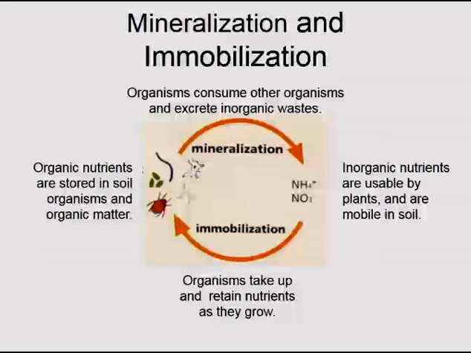On the opposite hand, for a plant, immobilization is bad. That means that the organisms have taken these inorganic nutrients that the plant uses and consumed them into their bodies. So those two terms are in the sense of how a plant would see this.